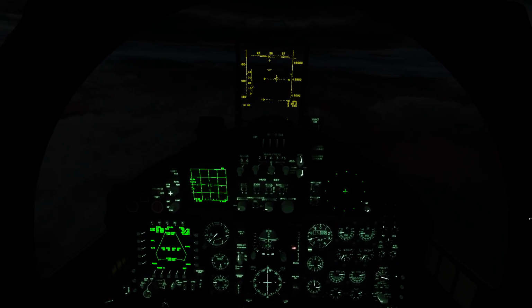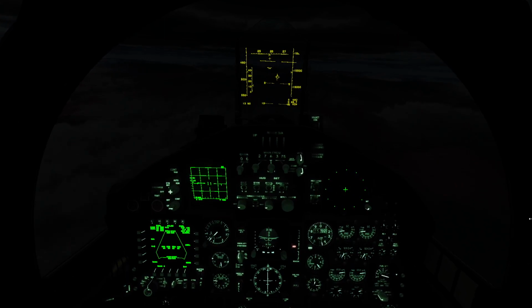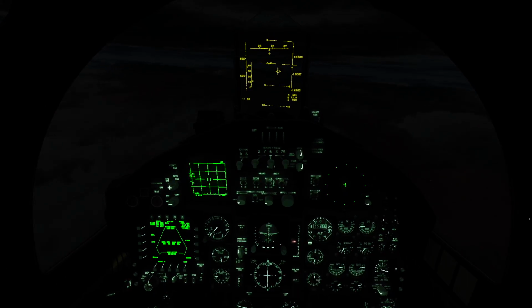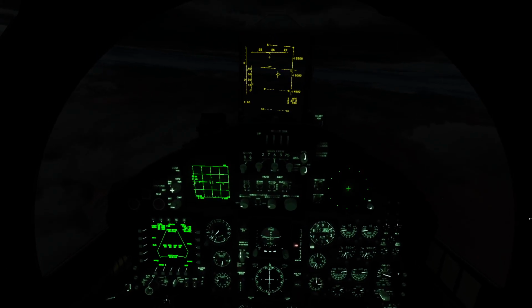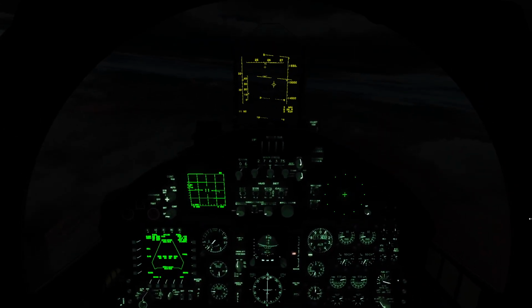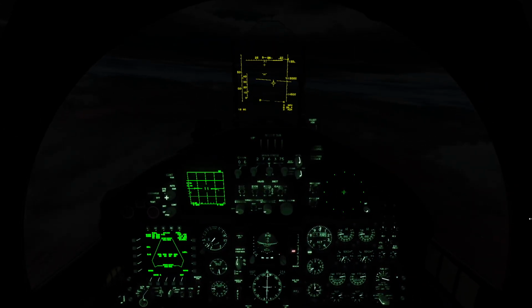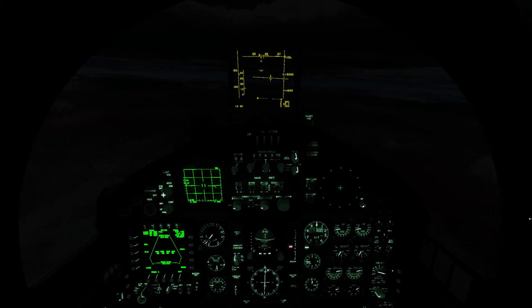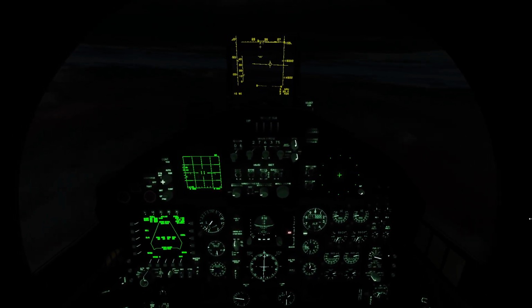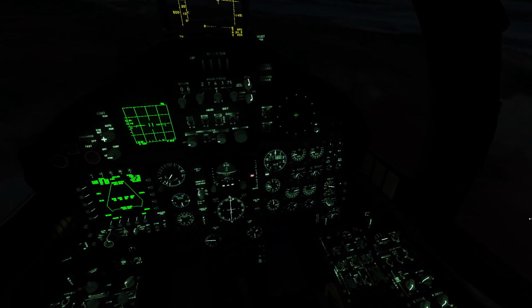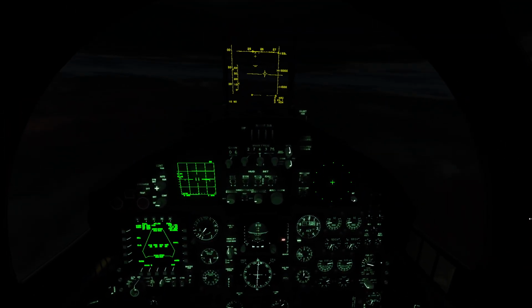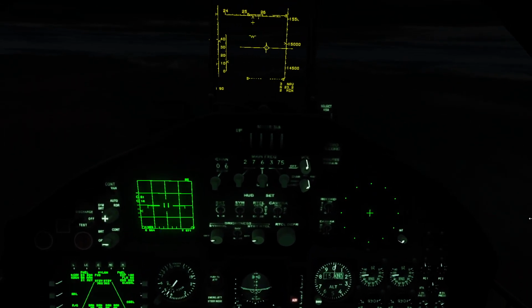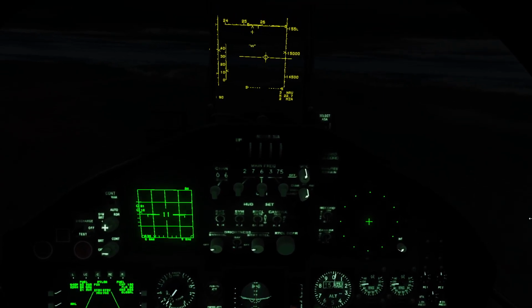Start slowly bringing the nose up. Okay, 23 miles, about 2 minutes from steer 3.